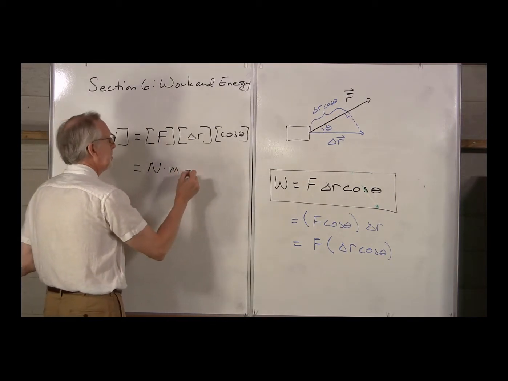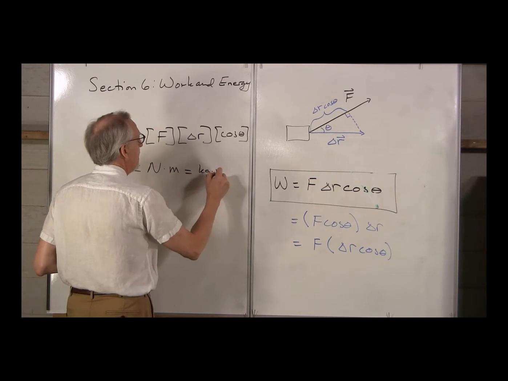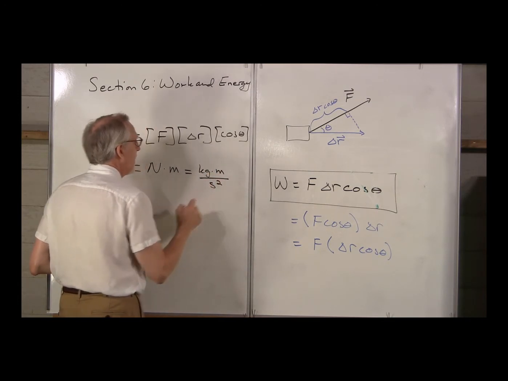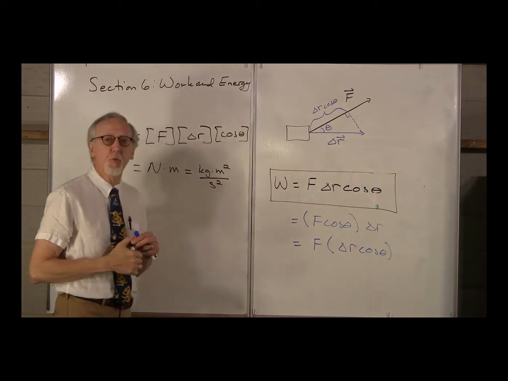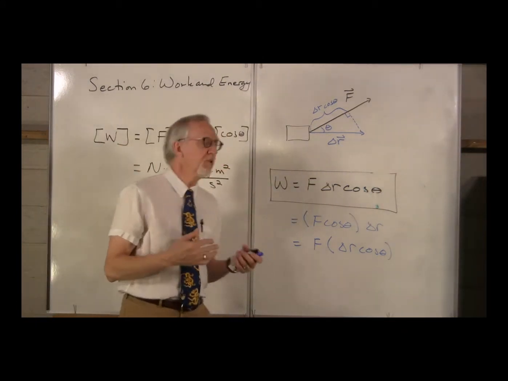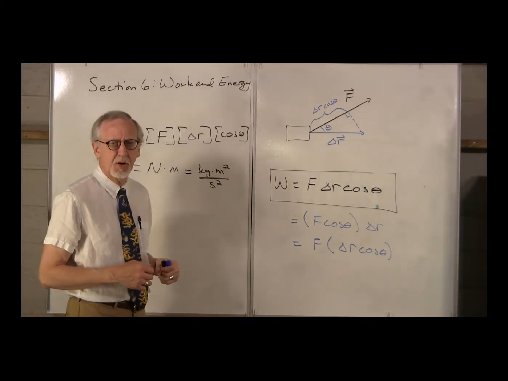Remember, a Newton, which is a force, is a mass times acceleration. That is a kilogram meter per second squared, multiplied by another meter, gives us kilogram meters squared per second squared. So the units of work are kilogram meters squared per second squared.